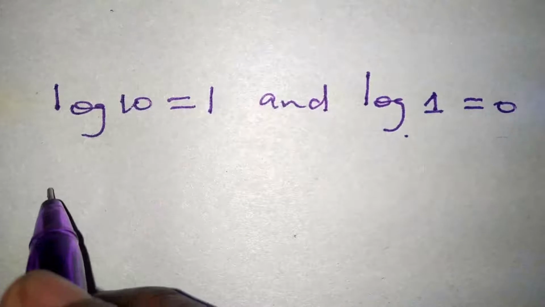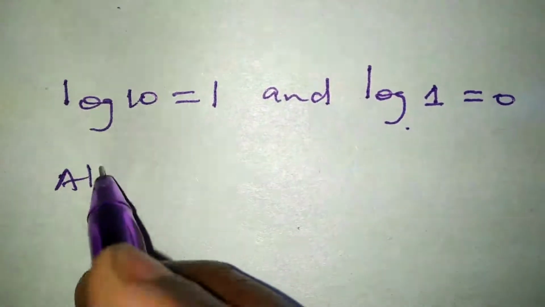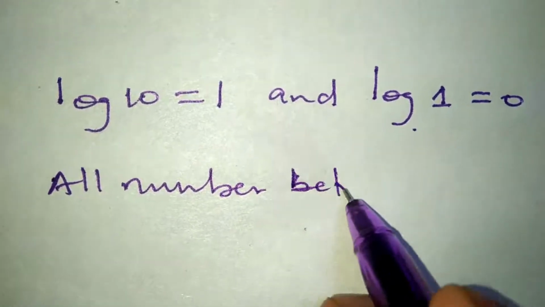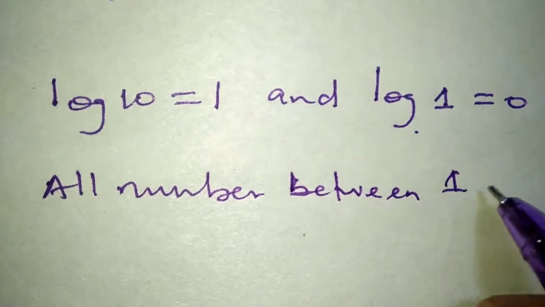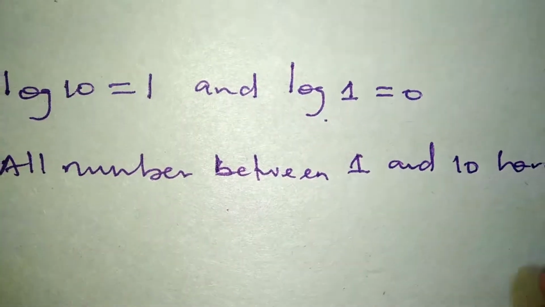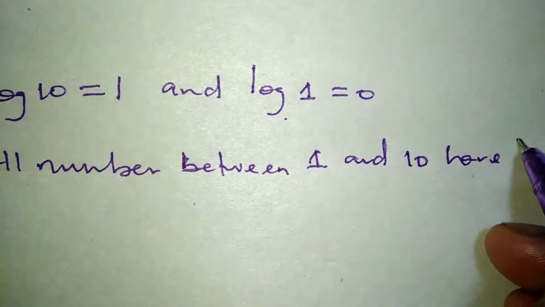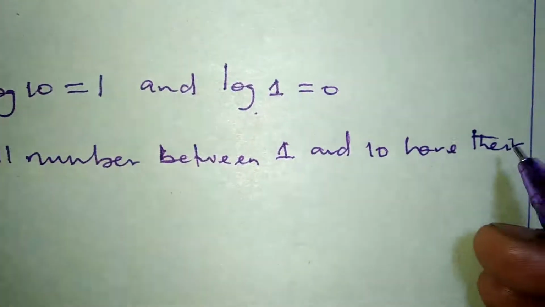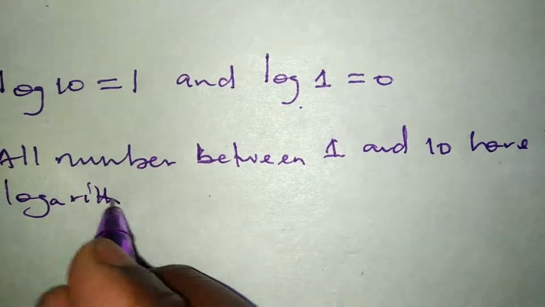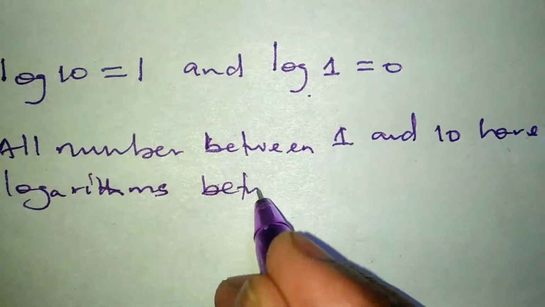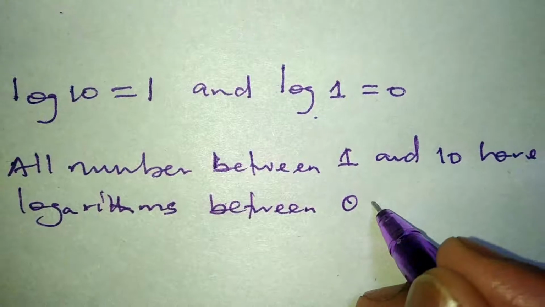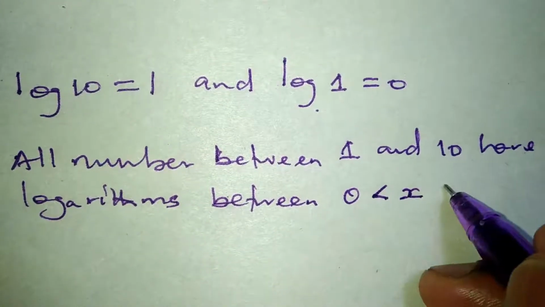This tells us that all numbers between 1 and 10 have their logarithms between 0 and 1.